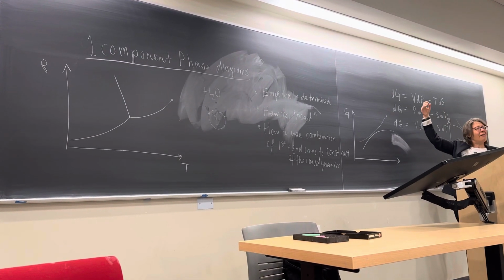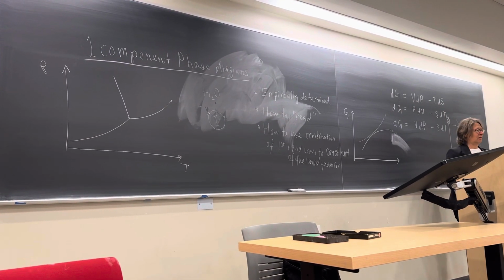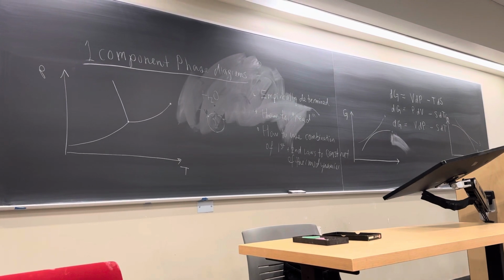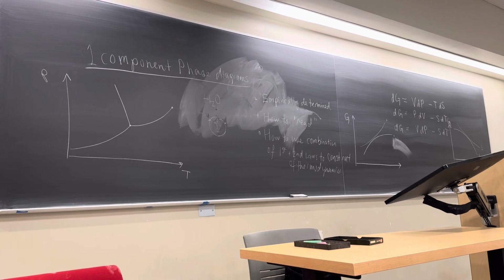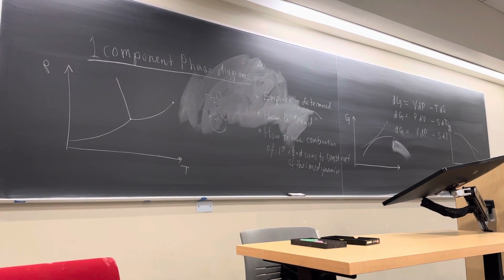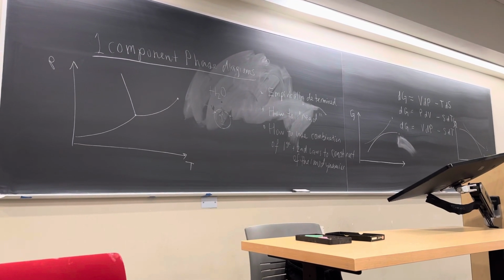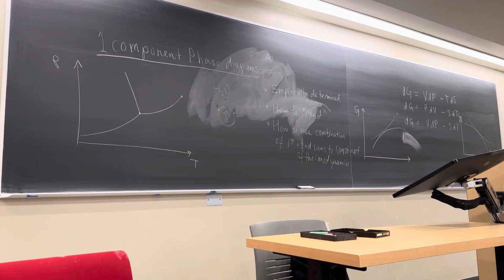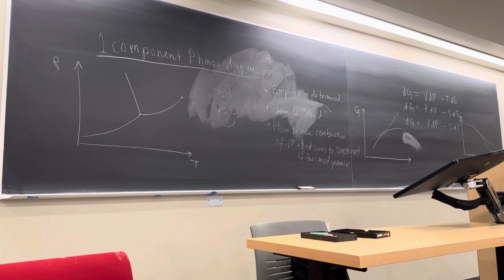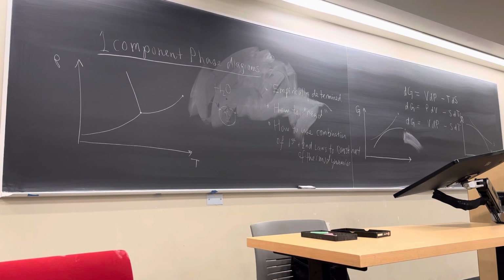Okay, good. So I have three equations for a differential, a small change in the free energy of a phase, as you change either volume and pressure or entropy and temperature, sets of conjugate variables. Are they all correct?